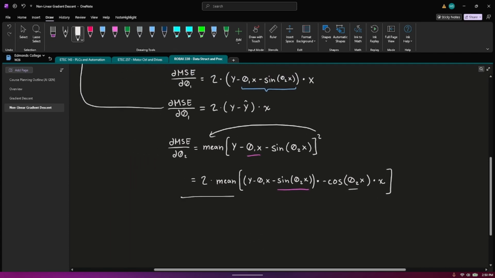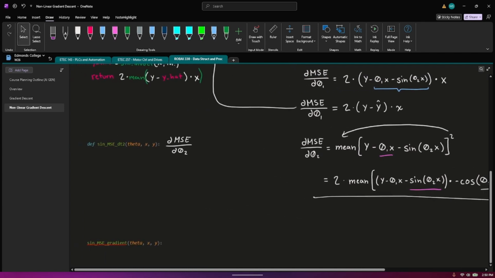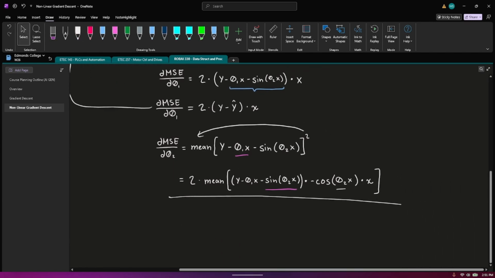Now this is the equation we want to implement in our function over here, the derivative of the MSE with respect to theta 2. Again, we can compress this a little.